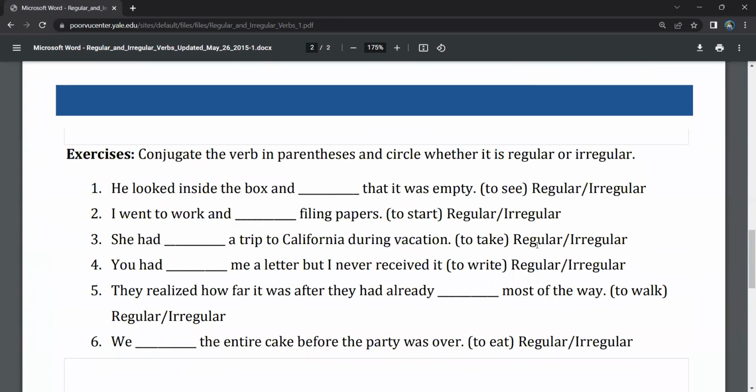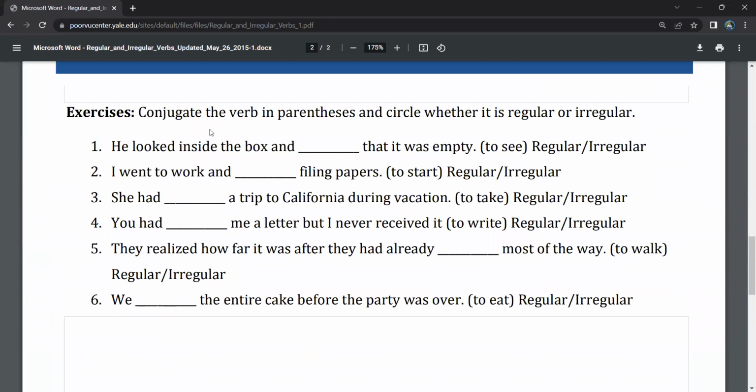Let's try this exercise. Conjugate the verb in the parentheses and circle whether it's regular or irregular. So you're going to change the verb, then identify whether it is a regular or irregular verb. Try this, number one. He looked inside the box and blank that it was empty.